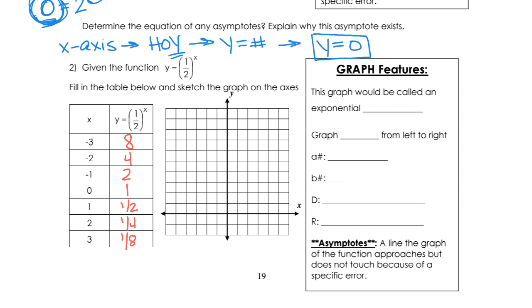And so you guys can see that it's very similar to the last one. Let's go ahead and graph it and see how the picture looks different. So -3, 8, starts up here. -2, 4, -1, 2, 0, 1, 1, 1/2, 2, 1/4, 3, 1/8, and then we're going to try for a nice smooth curve between them all.